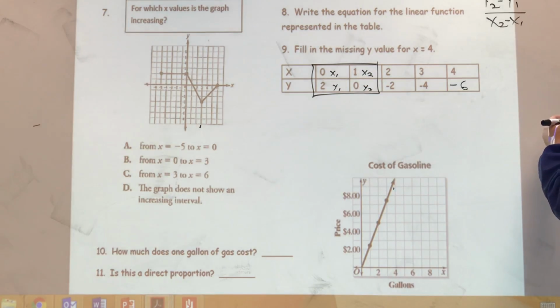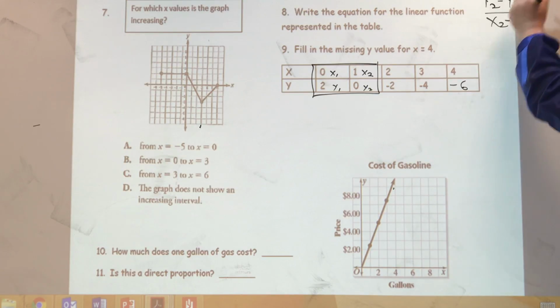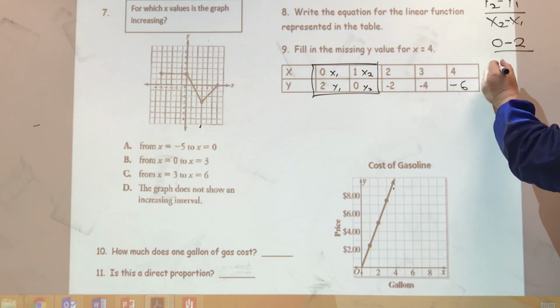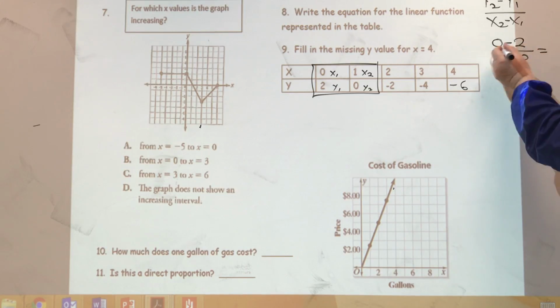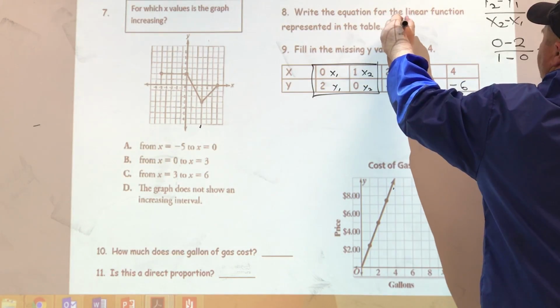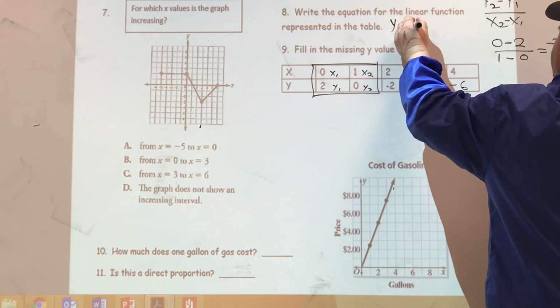So if I follow the formula, that would be 0 minus 2 over 1 minus 0. 0 minus 2 is -2. 1 minus 0 is 1. So we can simplify this into -2. That is my slope. So far I know I have y equals -2x.